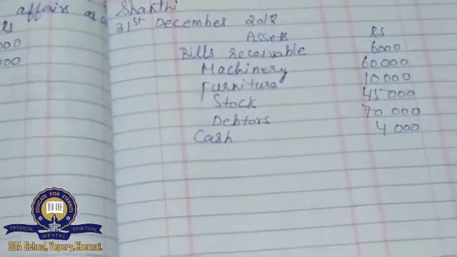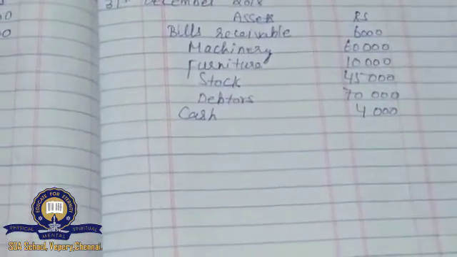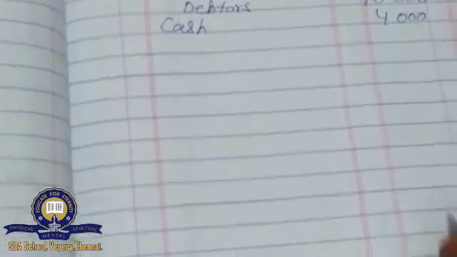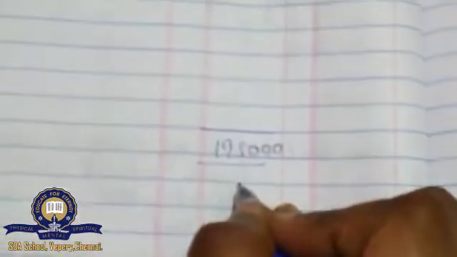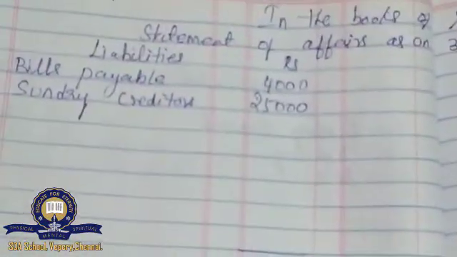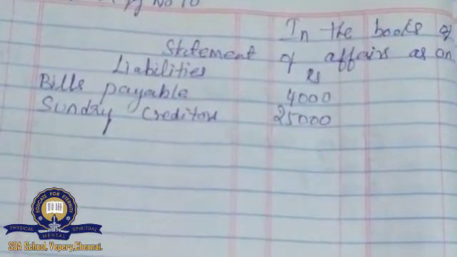So 6,000 plus 60,000, 10,000, 45,000, 70,000 and 4,000. If you add it you will get 1,95,000. This amount has to be written on both sides. Then we are going to subtract the liability amount from this. So 29,000, that is 25,000 plus 4,000 is 29,000.